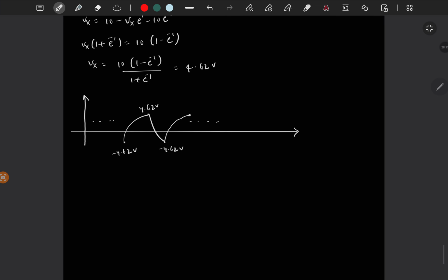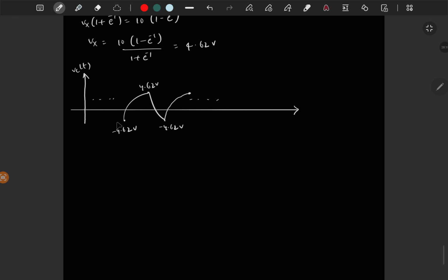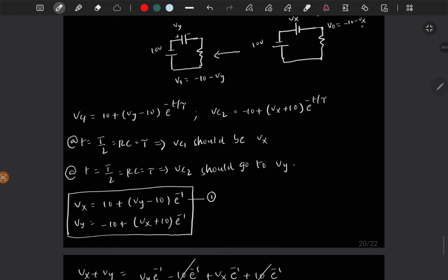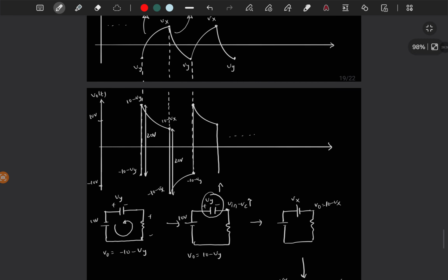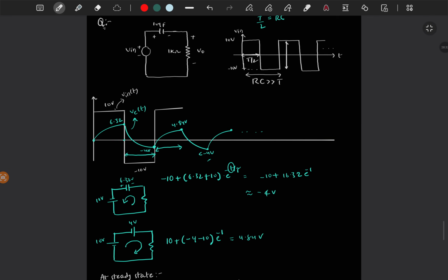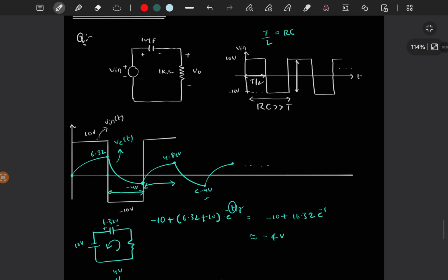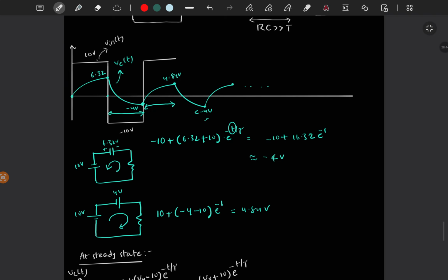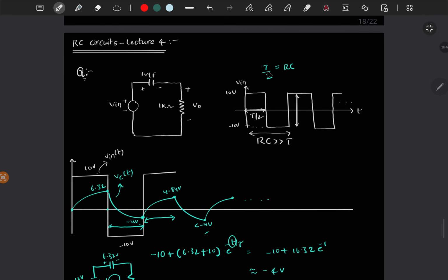So this is the Vc of t waveform, and you can also draw the output voltage waveform across the resistor. This is how the circuit will behave if the time constant is very high compared to the duration of the input voltage.